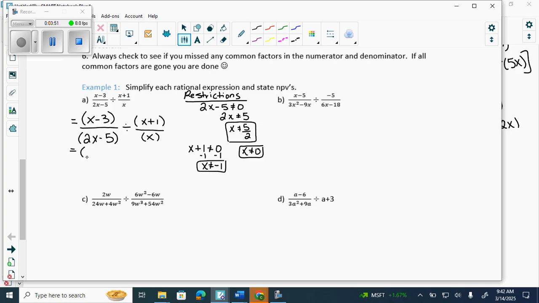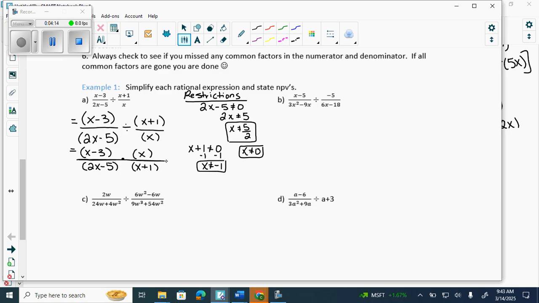So I'm going to get x minus 3, 2x minus 5. So you invert and multiply what you're dividing by. So we're going to multiply x over x plus 1. And then when I have multiplication, I told you I can just do this, right? It's a great thing about multiplication. You can make a full numerator, full denominator, right? Draw that line through.